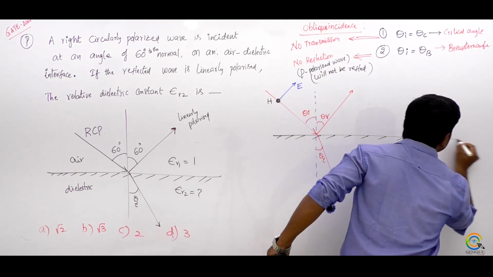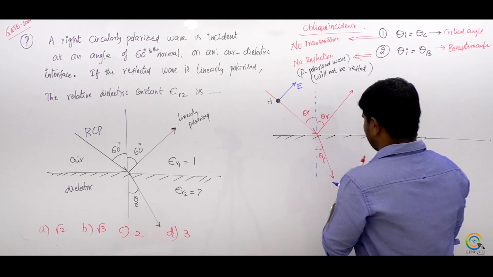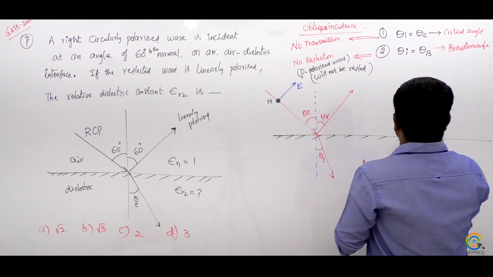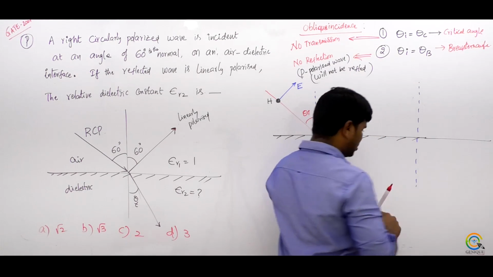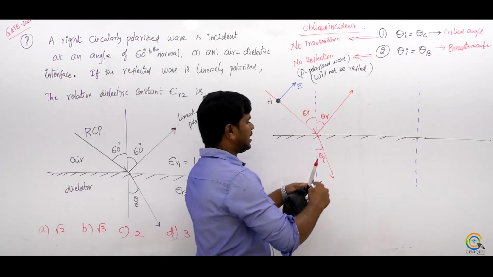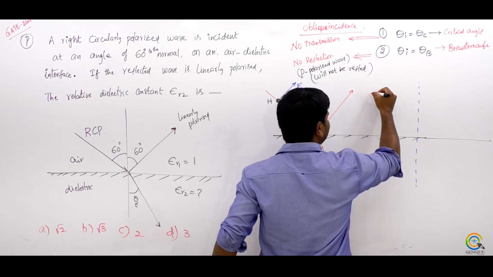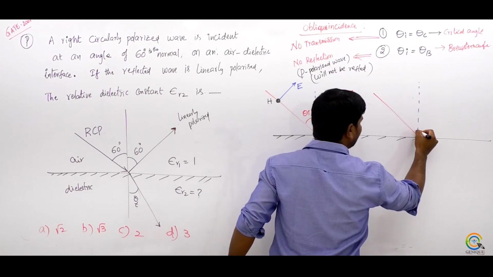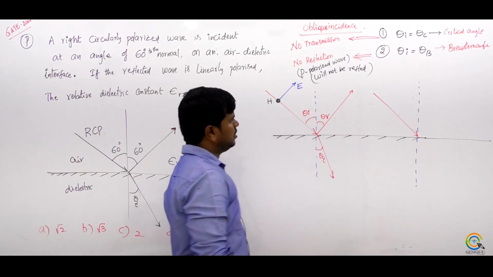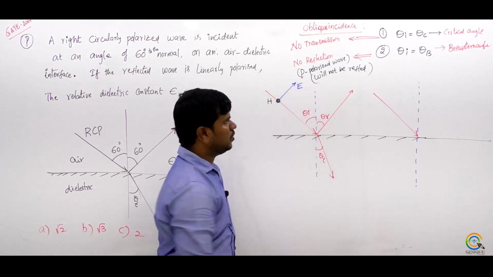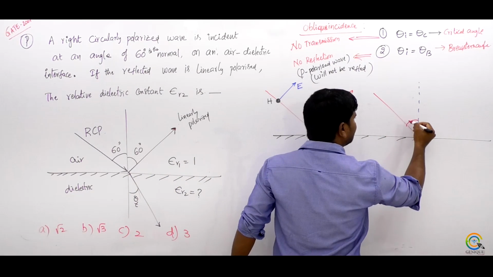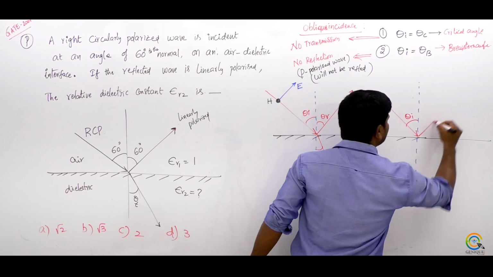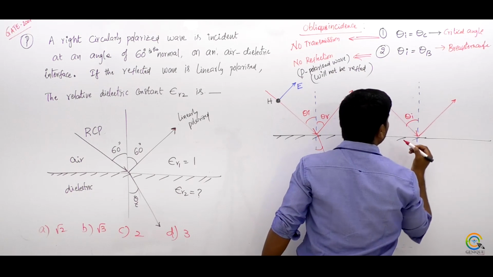Suppose the wave is incident like this, making an angle theta I, and some portion will be reflected.